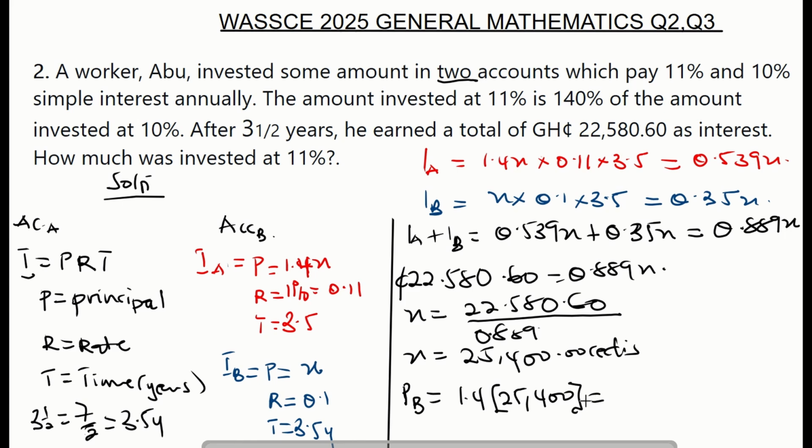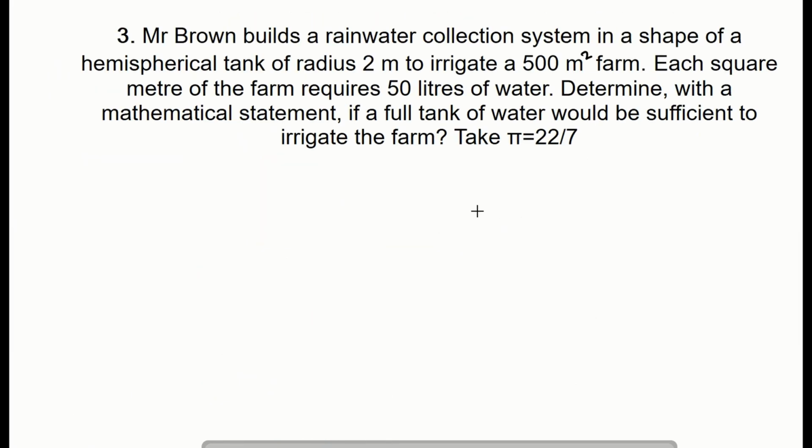Putting that into the calculator, we are going to get 35,560 cedis. So this is the amount that he invested in the first account, the account with the interest rate of 11%. So we then proceed to the second question.